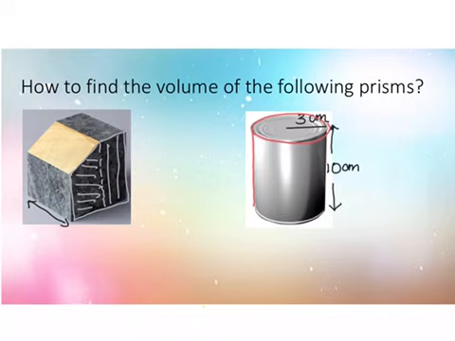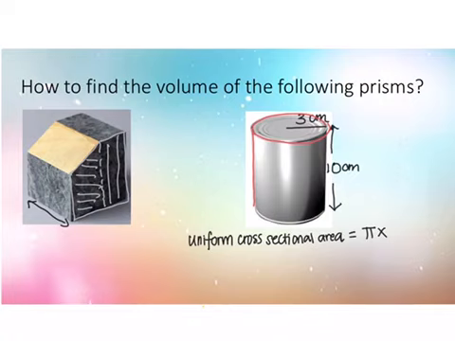What is the area of a circle? A circle with radius 3 cm has an area of pi times the radius squared.